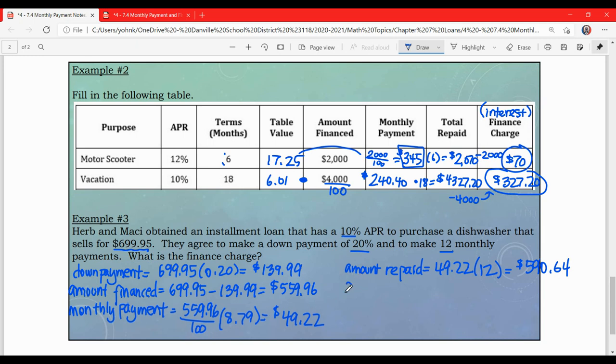So then last step, to find the finance charge, I take the amount repaid, $590.64, and I subtract off the amount of the loan, which was $559.96. And that gives me a total finance charge of $30.68. That wasn't too bad of a finance charge. You're only going to pay about $31 extra in interest, so not too bad.